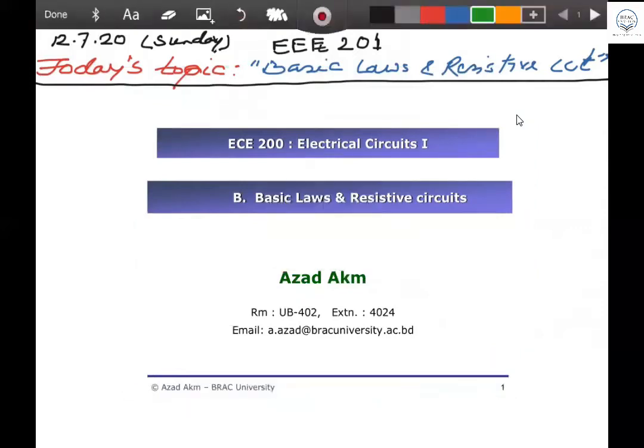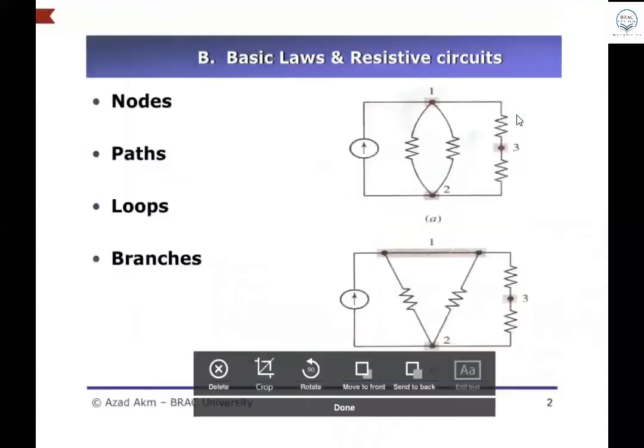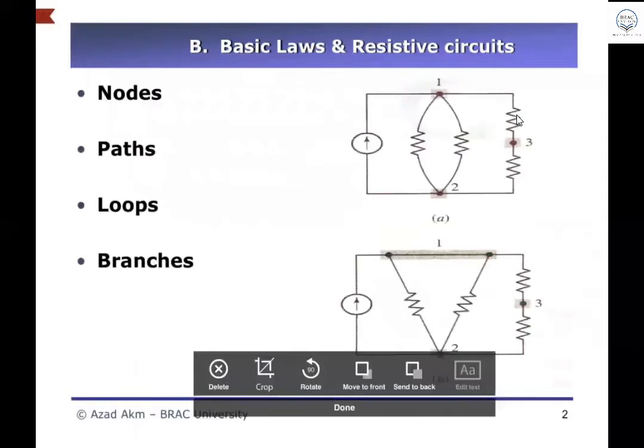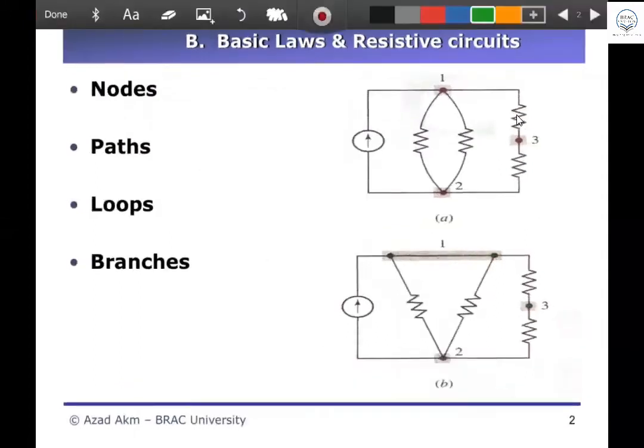Now, among these things, the first thing we are going to discuss is the basic definition of certain parameters of the circuit. That is our first thing today.